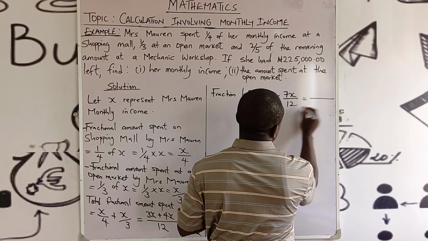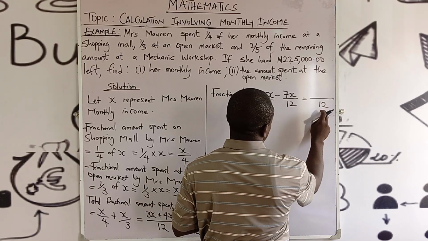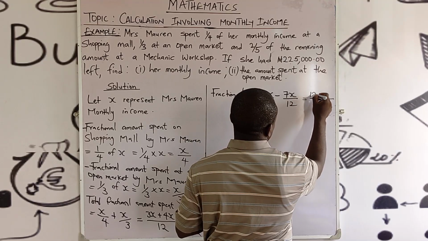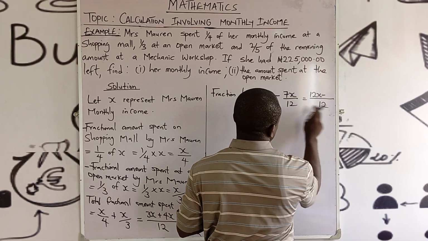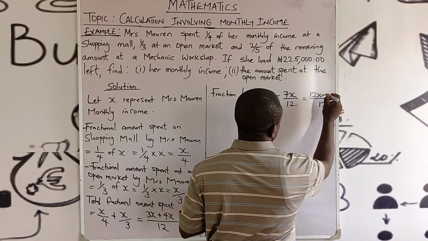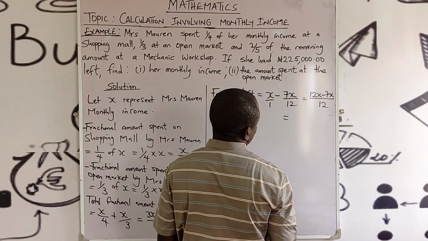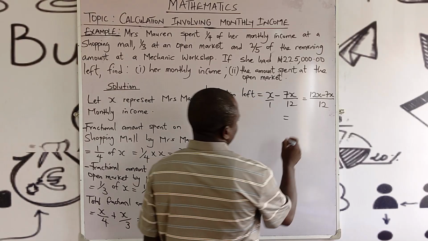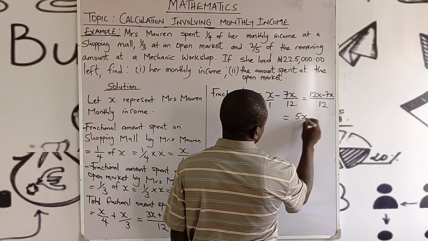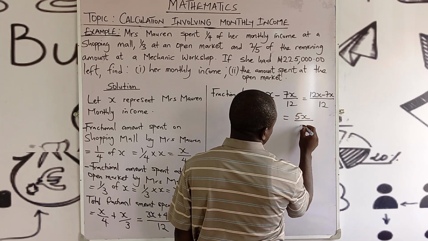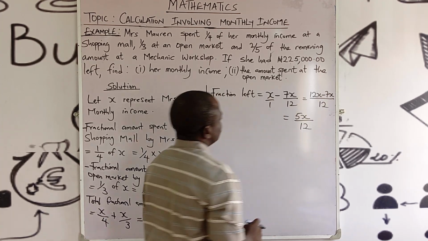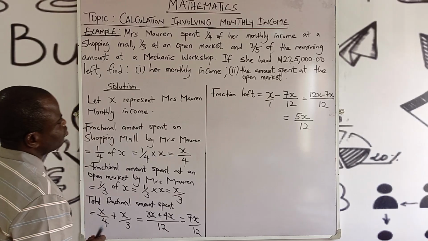The LCM is 12. 12 times X is 12X, minus 1 times 7X is 7X. That's 5X over 12. This is the fraction left.